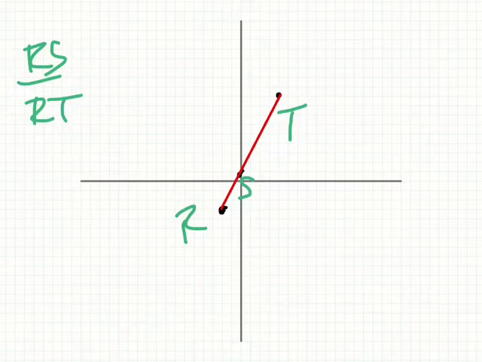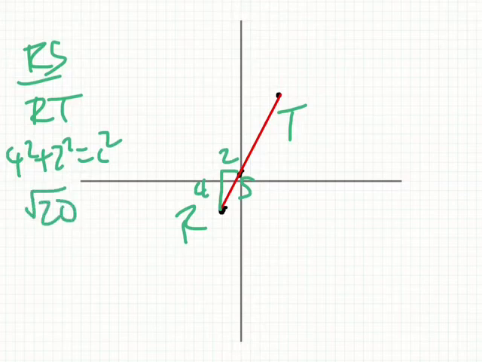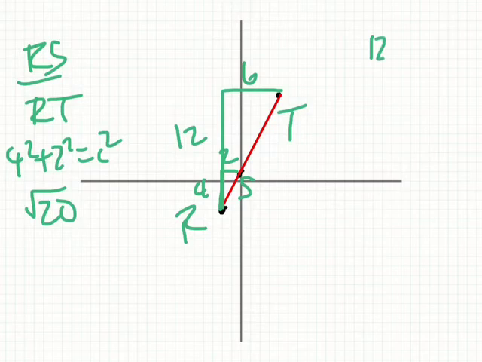The one method that I used to teach only was this, just do Pythagorean theorem for RS. Looks like I'm getting 4 and 2. Okay, again, do the work here, radical 20. And then repeat for RT. Be careful what they're asking for. They want RT, not ST. So this looks like 12 and 6.